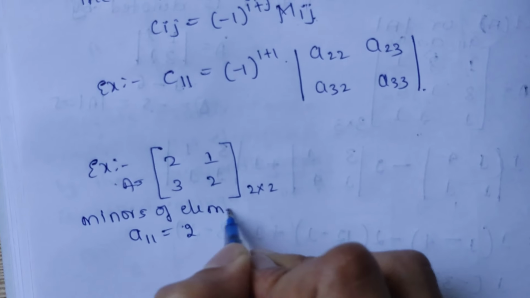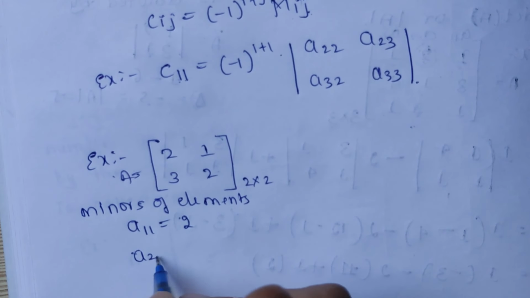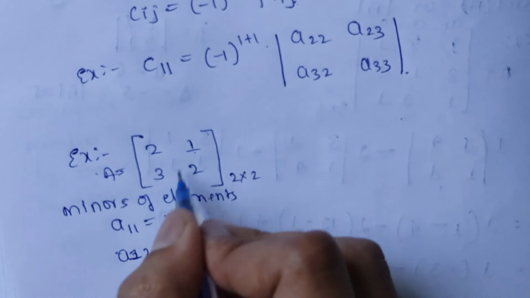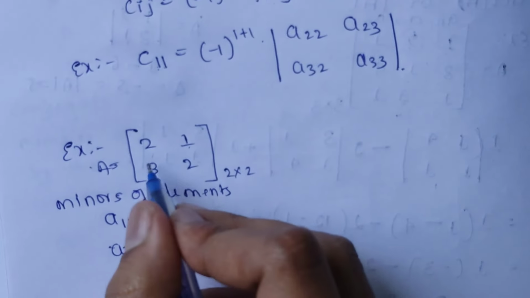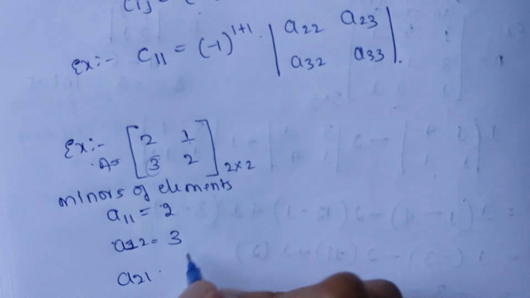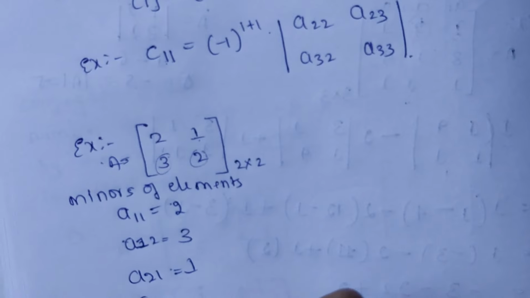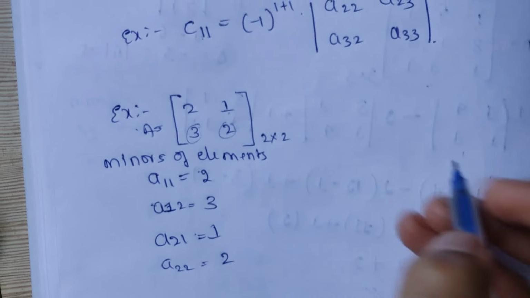Minors of elements we will write. Minor of A12 is 3. A21, minor of this A21 element is 1. Minor of this A22 element is 2.